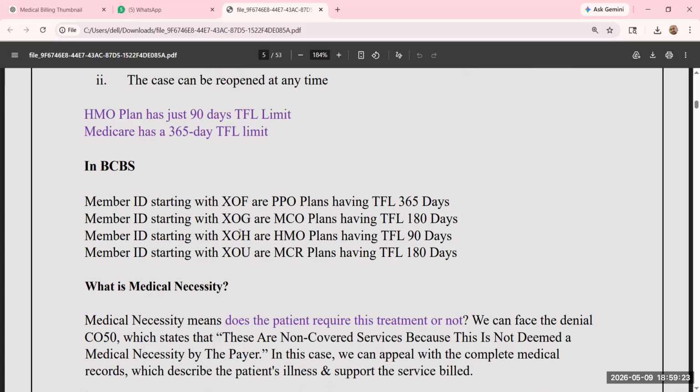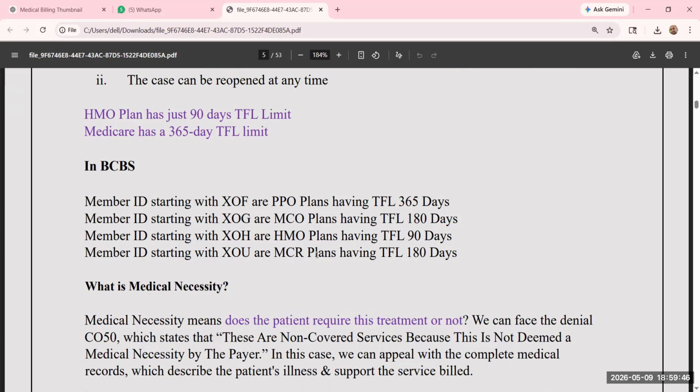Member IDs starting with XOH, HMO plans, have a TLF of 90 days. XOU or MCR, Medicare plans, have a time limit of 180 days. These are examples from BCBS showing the TLF days by type of insurance.